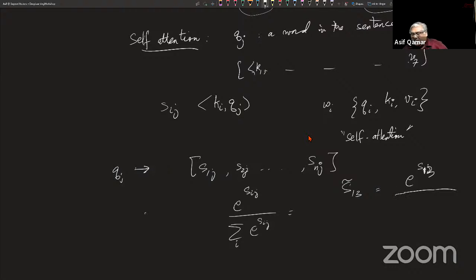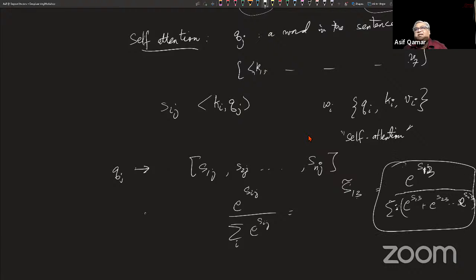So for example, here you're looking at the probe j. You do e to the S1,3 plus e to the S2,3 up to e to the Sn,3. We know how to do this summation. So you divide it, and what do we call this kind of entity, when we exponentiate it and normalize it?